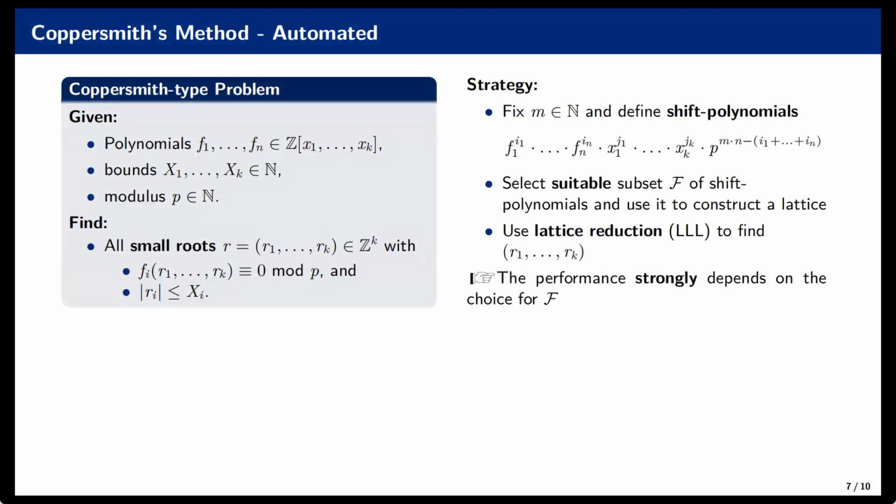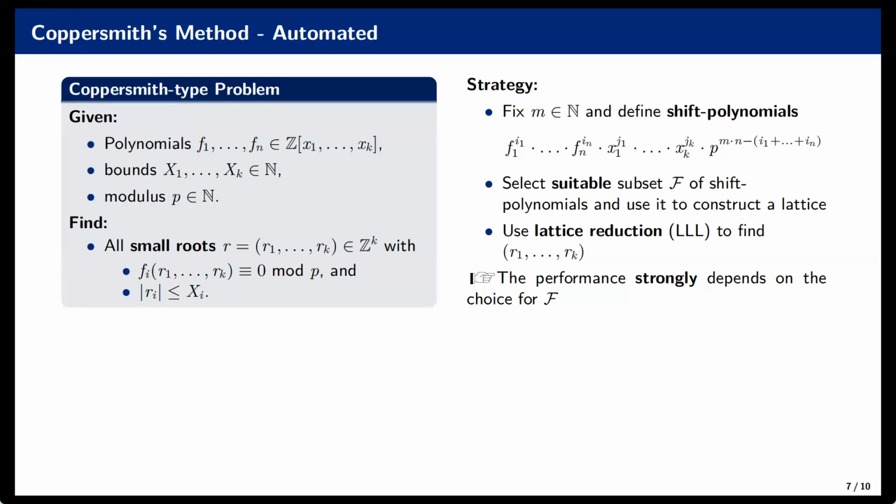So what's the strategy in solving this? Very briefly, we would pick an integer and then define shift polynomials. These essentially are polynomials that have the same root, but now over a bigger number. So essentially, you get additional relations that should also be satisfied by the solution. Later on, you would let n go to infinity.